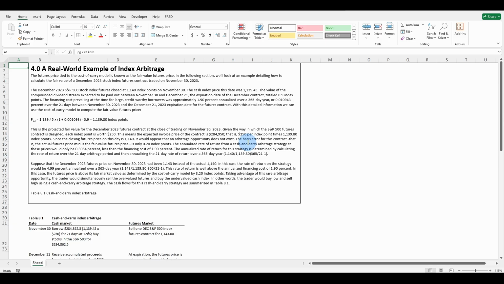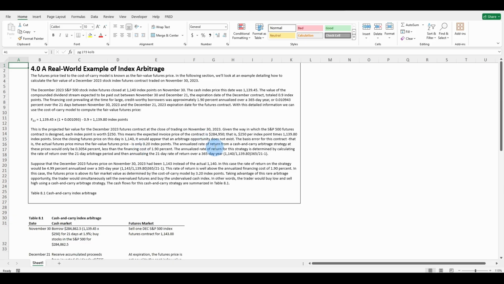The basis error for this contract, that is the actual futures price minus the fair value futures price, is only 0.20 index points. The annualized rate of return from a cash and carry arbitrage strategy at these prices would only be 0.3054%, less than the financing cost of 1.9%.